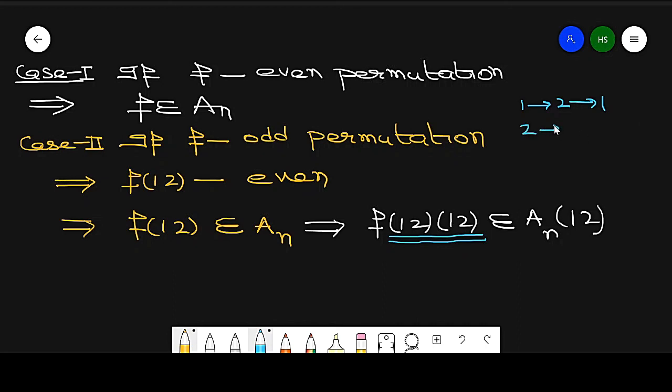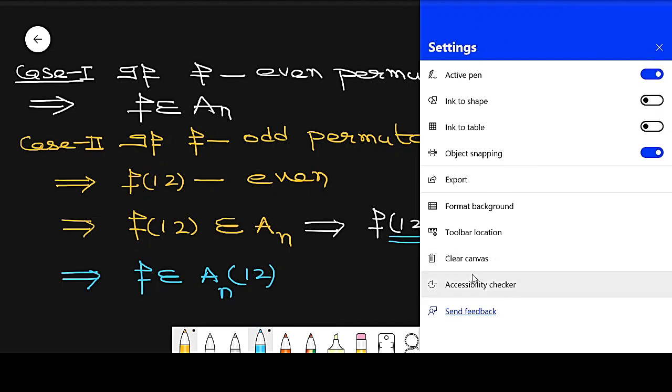Now 2 goes to 1, 1 goes to 2, so it becomes identity. So it means f belongs to An(1 2). So any permutation either belongs to An or belongs to An(1 2), and also they are distinct or disjoint.